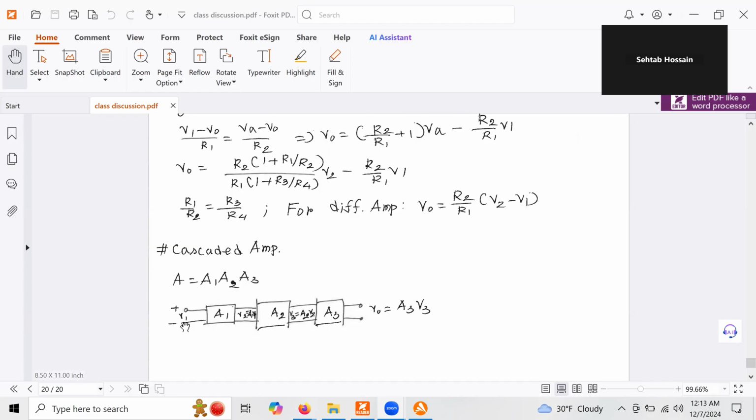My input AC signal is V1. From here, my output V2 will be A1 times V1. For this op-amp, output V3 will be A2 times V2, and V2 is A1 times V1. For this one, V0 will be A3 times V3. So this is the cascaded amplifier, very important.